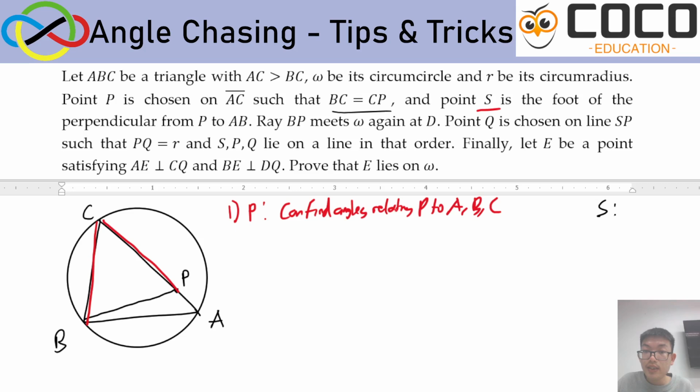So S is mostly irrelevant. Sorry, S, we are going to ignore you. We are, however, going to draw the perpendicular line. Now, the perpendicular line from P to AB is more important for us to be able to get point Q, which we will deal with a little bit later.